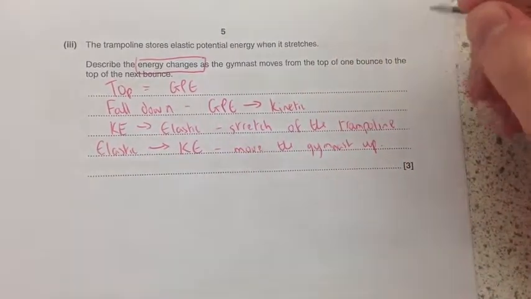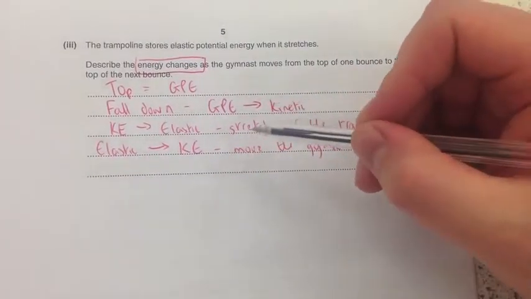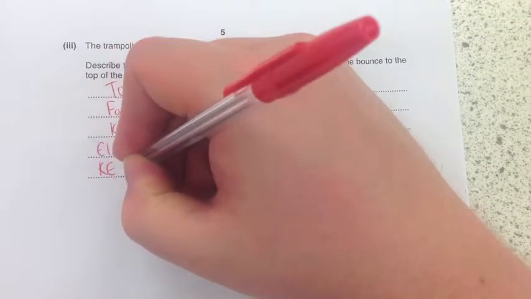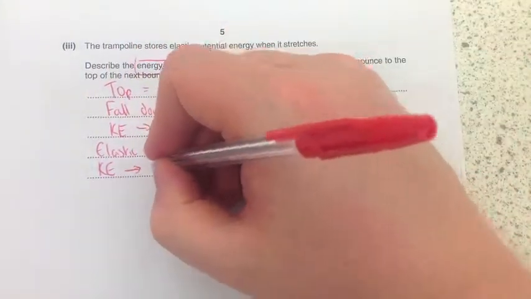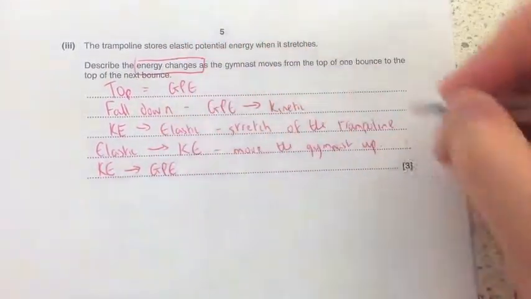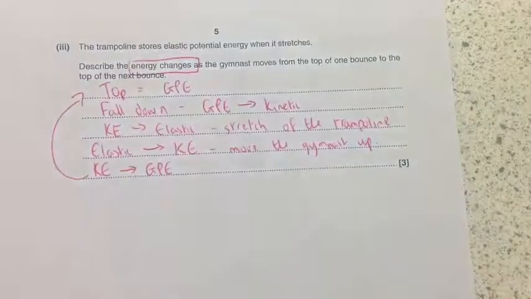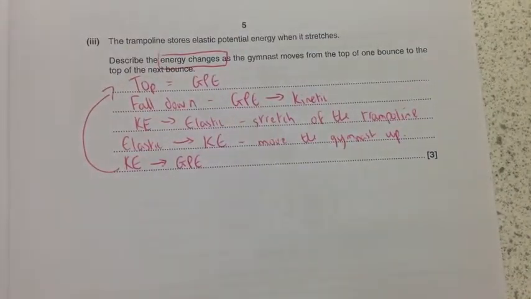Okay, now as soon as the gymnast leaves the trampoline and starts to move upwards off the ground, this kinetic energy is going to be turned back into gravitational potential energy, so it moves right up to the top of a bounce, and then we're back at the beginning, and it'd loop round, so we'd end up with the whole thing starting again.